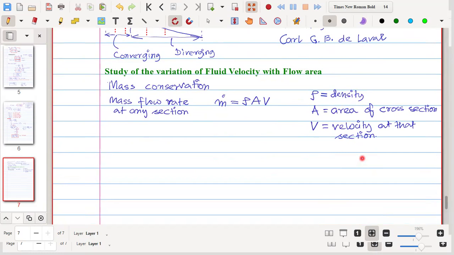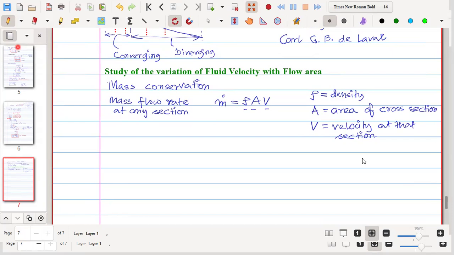Next, since we know that this mass flow rate is constant and the individual parameters are varying, you see that rho will vary, as it is a compressible flow, I mentioned. And for compressible flow, I told that the density variation cannot be neglected.